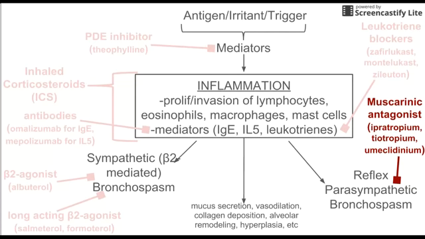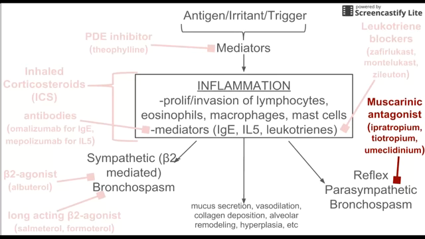The muscarinic receptors are at the end of the nerve terminals that activate the smooth muscles around the respiratory tract directly. So these muscarinic antagonists, such as ipratropium or tiotropium, block those muscarinic receptors and prevent the parasympathetic nervous system from causing the bronchospasms.